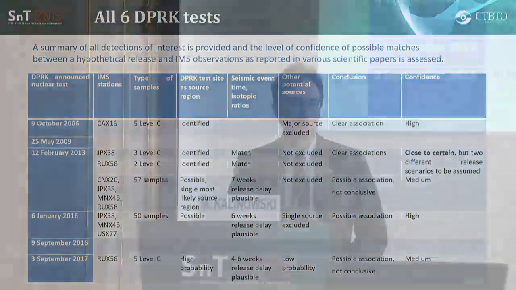This is the typical situation that the analysts are looking for, typically for level C episodes following an announced test, and then they check whether this level C episode could have been caused from a DPRK release.